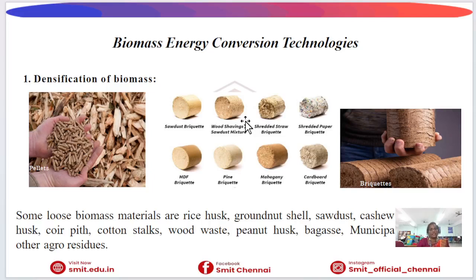First is extraction. This is mainly used for oil-based biomass like seeds and nuts. Oil is extracted from biomass and then it goes to transesterification.